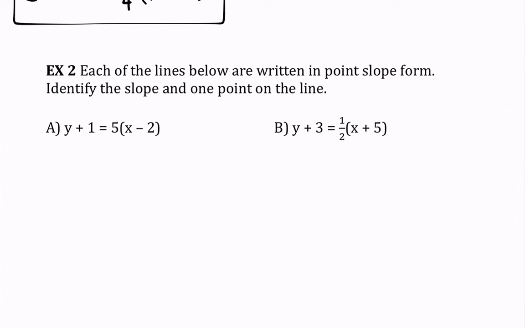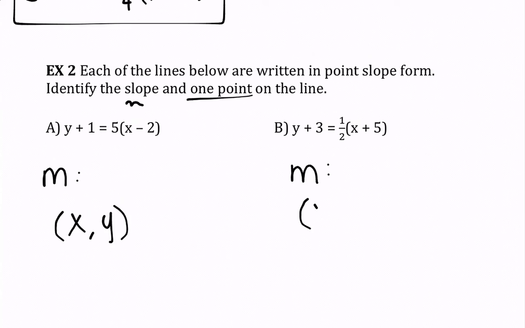Okay, on this one, they already give me two equations that are already written in point-slope form. So what it's asking me to do is identify the slope, identify m, and list the one point that they used. Okay, so slope.